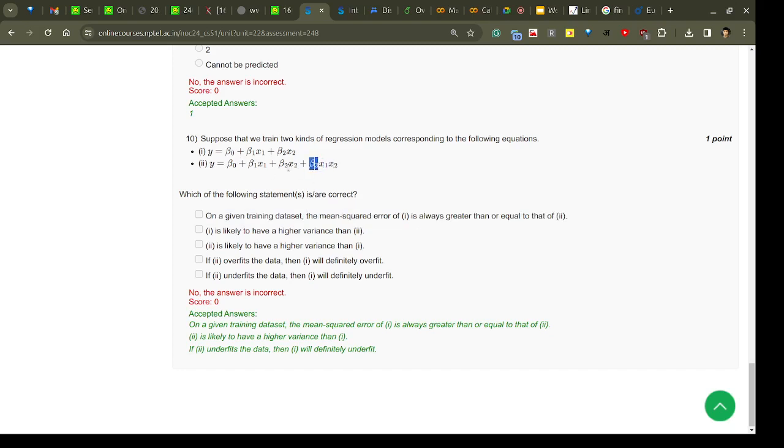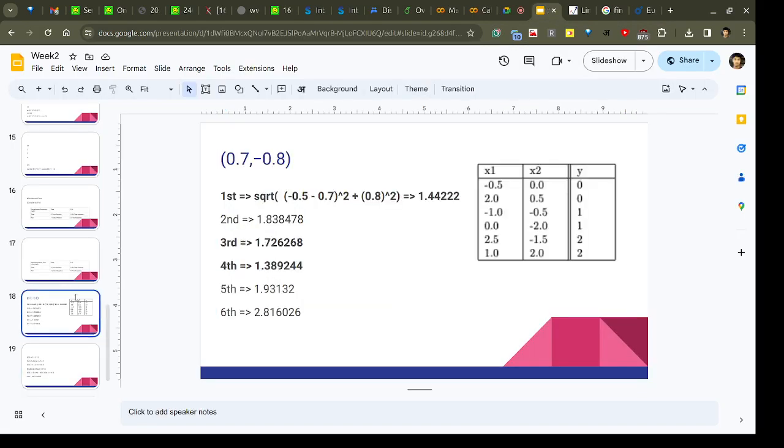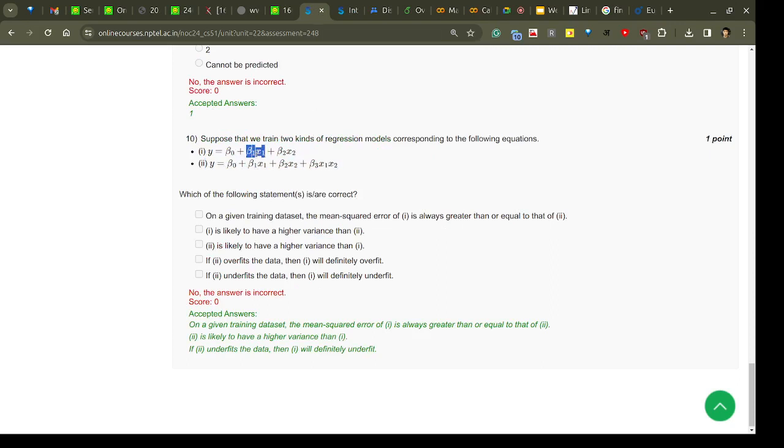Beta 3. This one is more complex, so it is expected that it will give a better prediction, and be able to fit the data more appropriately than the other. Yeah, this may overfit, that is a different thing. But suppose you have some data, and you use this model with 3 parameters, beta 0, beta 1, beta 2. It may or may not fit.